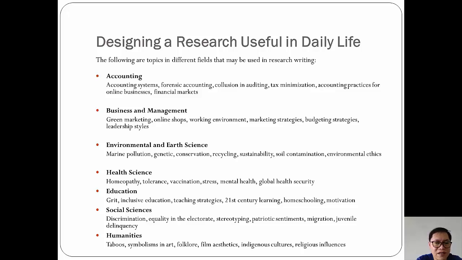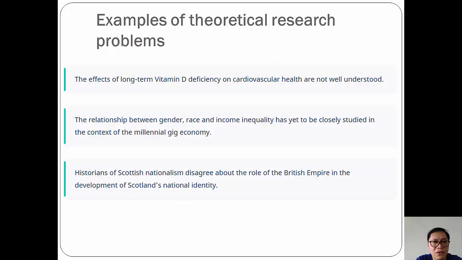In education, you have inclusive education, teaching strategies, 21st century learning, homeschooling, motivation, and so on and so forth. You can go through your notes or the slides I'm going to post so that you can read. Okay?